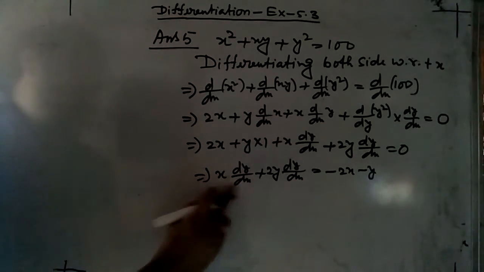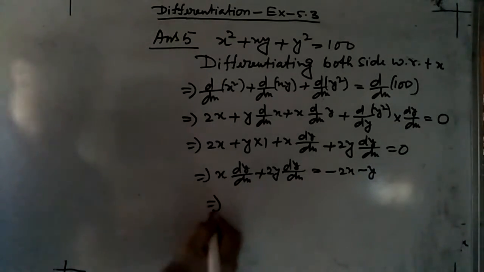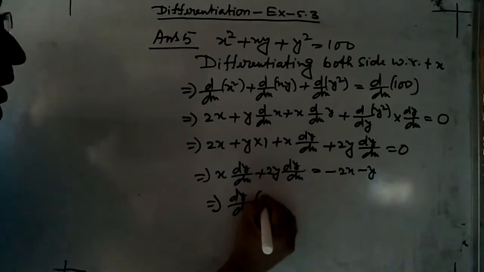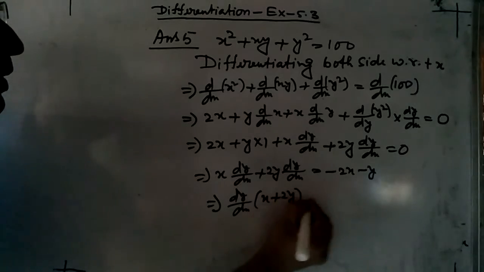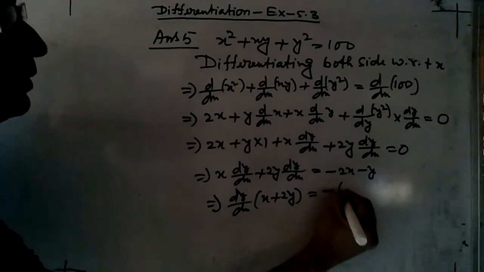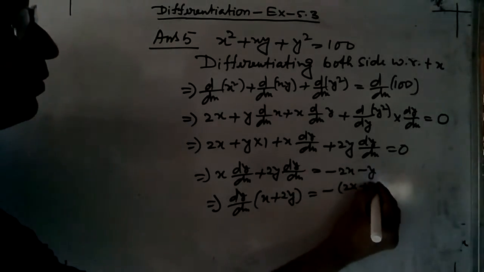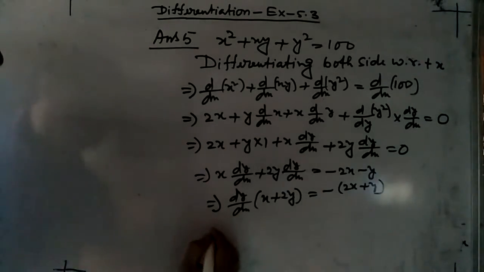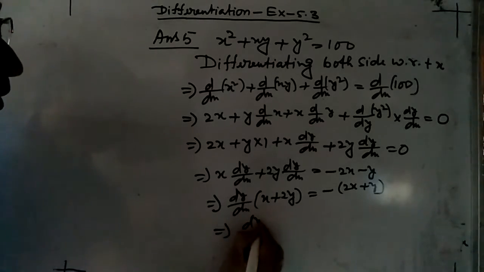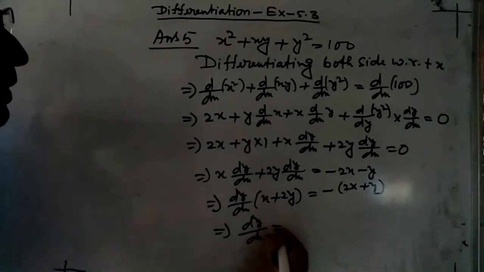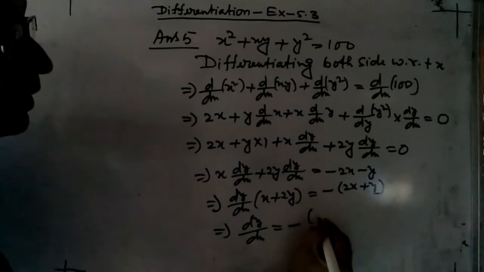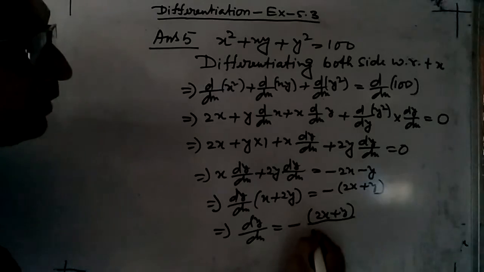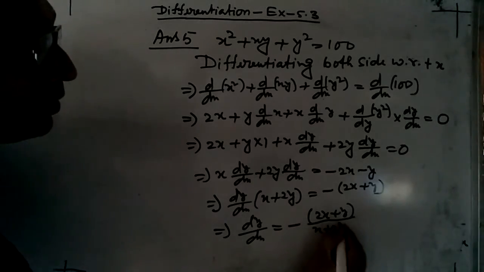Clear? Now take common dy by dx, because we have to find dy by dx. Dy by dx times x plus 2y equals to minus, take common, 2x plus y, then x plus 2y bring to the right hand side, so dy by dx equals to minus 2x plus y divided by x plus 2y.